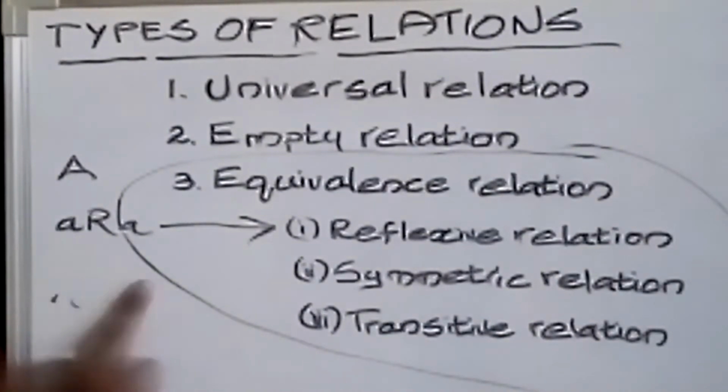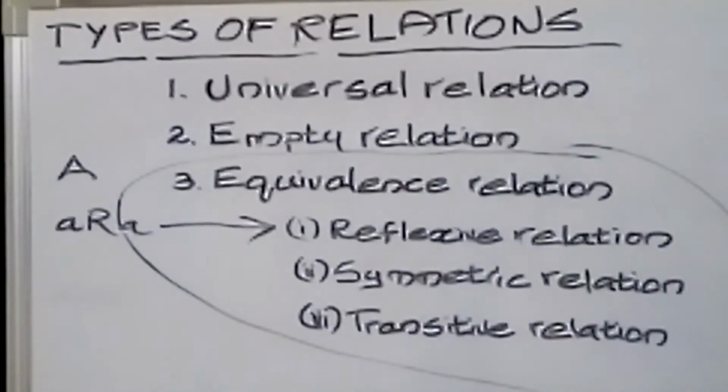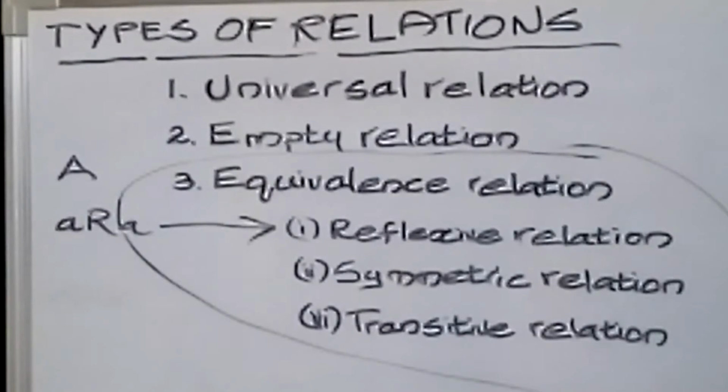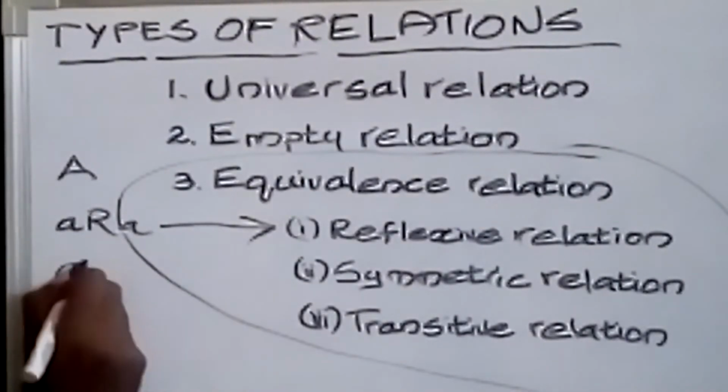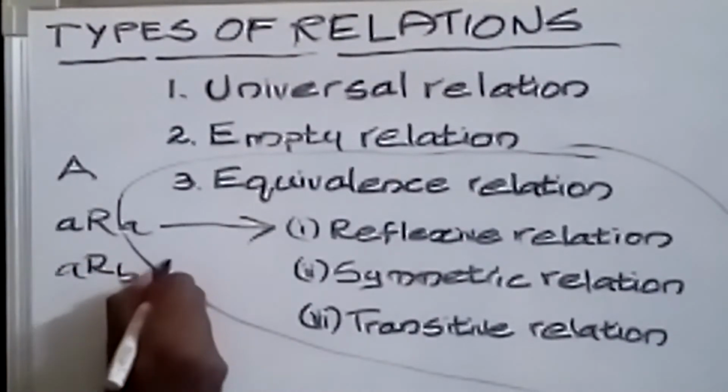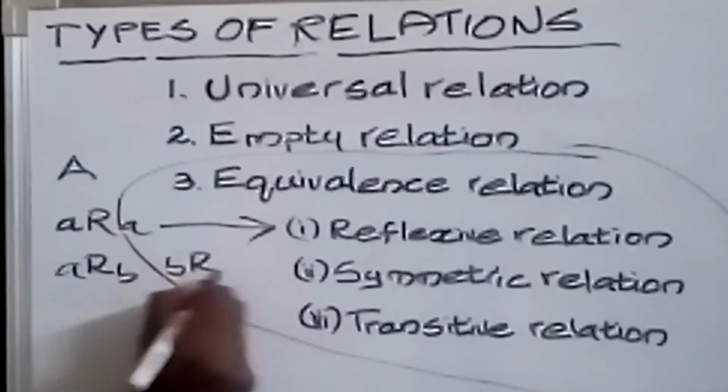Now, we are going to define what a symmetric relation is. A relation in the set A is said to be a symmetric relation when the element a is related to b, and b is related to a.